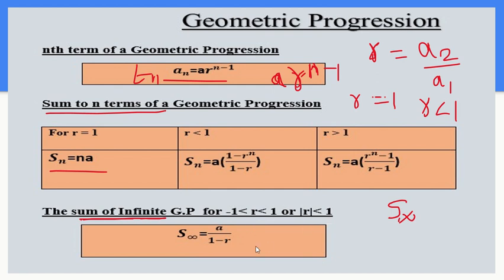It should be less than this. S infinity is nothing but A by 1 minus R, where A is the first term and R is the common ratio.